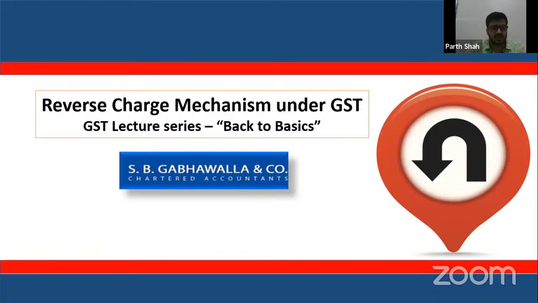That same concept has now been carried forward under GST, wherein what we are told is that the supplier is not required to pay tax, the recipient is required to pay tax. That is the short and sweet essence of reverse charge mechanism under GST.